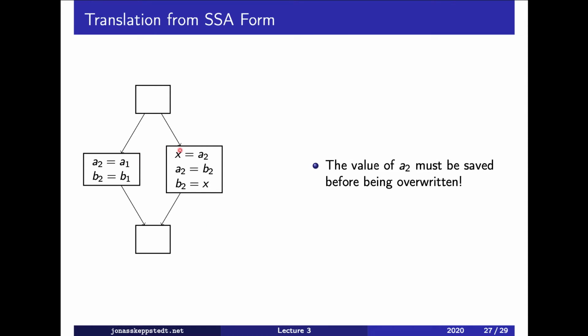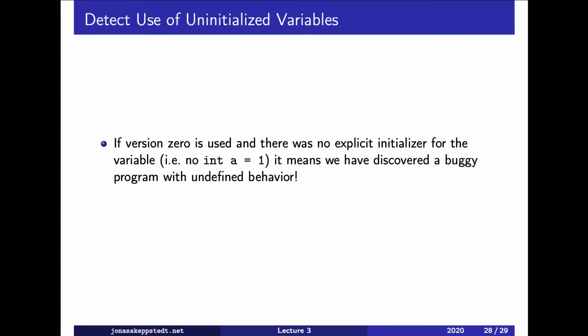So we save it, and then we can use it when we need the previous value of A2. We can also detect the use of an uninitialized variable and complain. That's a good idea to do in the compiler.